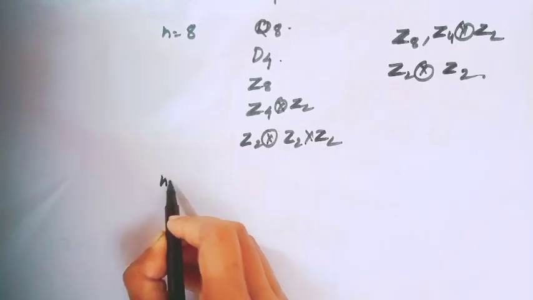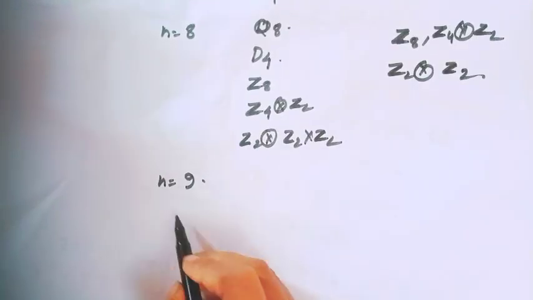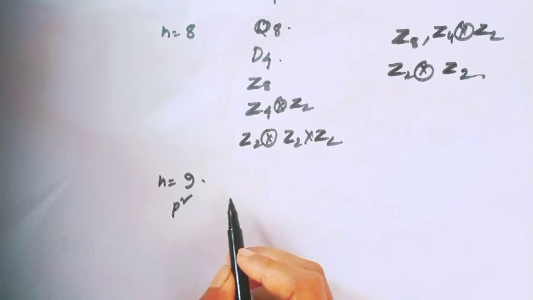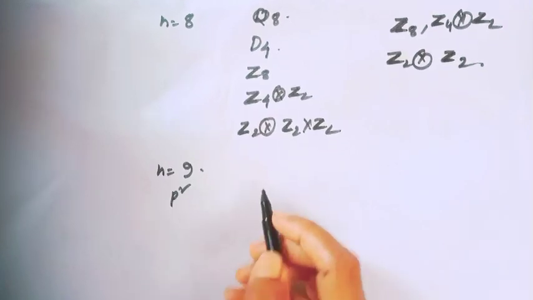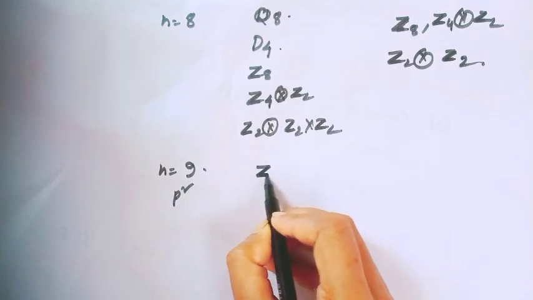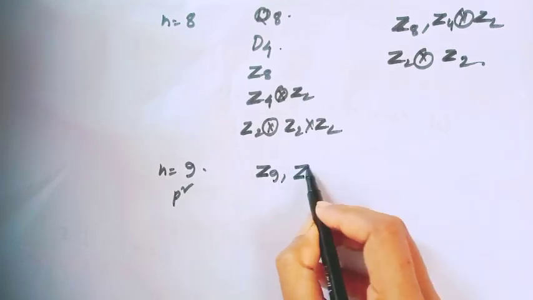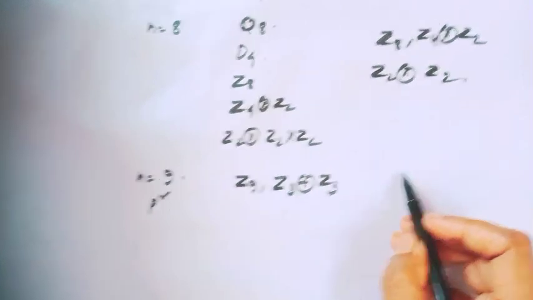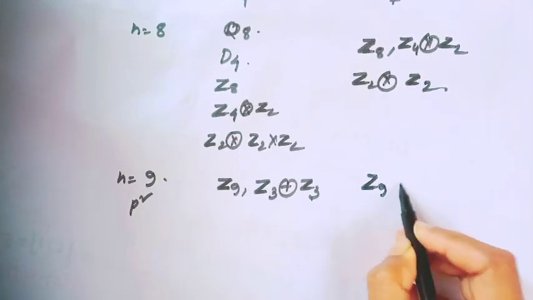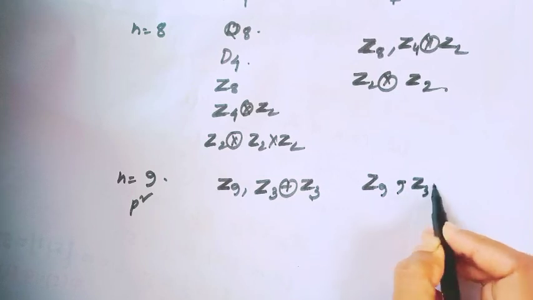When n equal to 9, this is of the type p square. We all of us know any group of order p square is abelian, and this is Z9 and Z3 direct product Z3. Abelian also Z9 and Z3 direct product Z3.